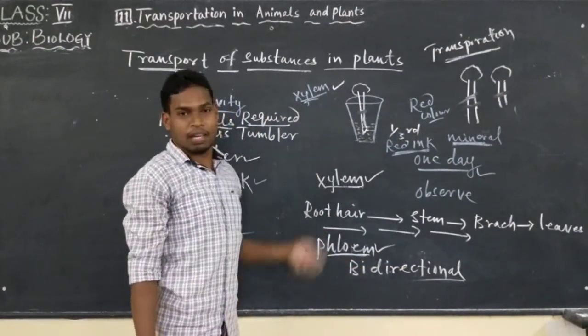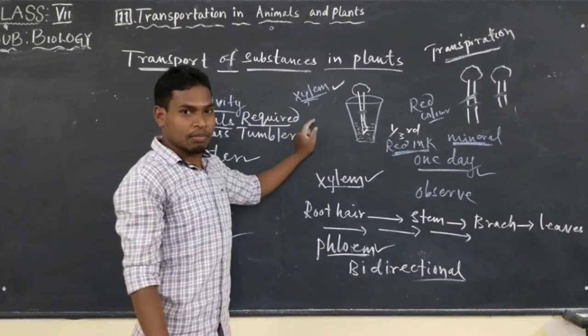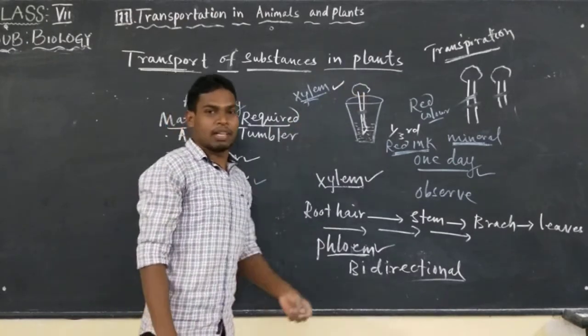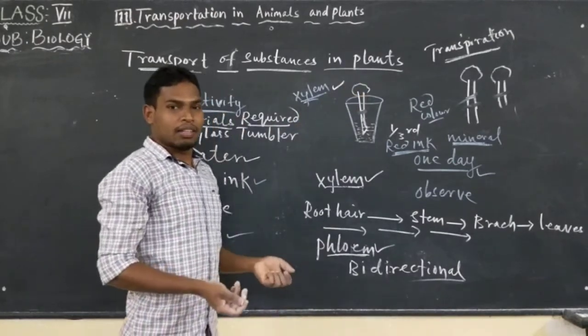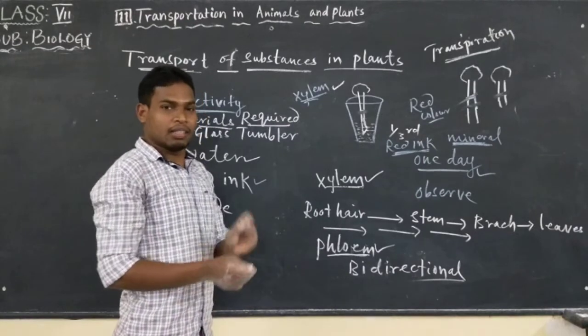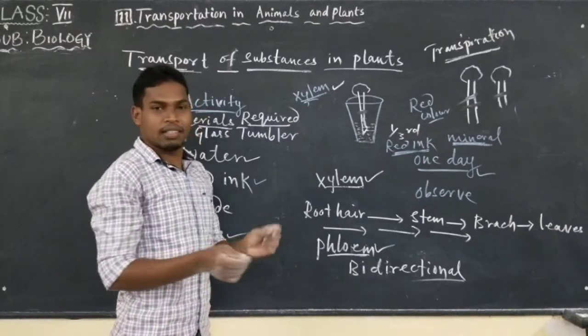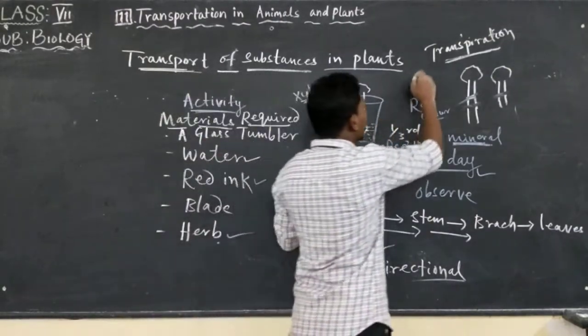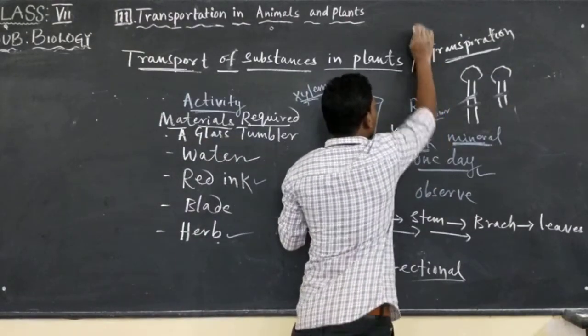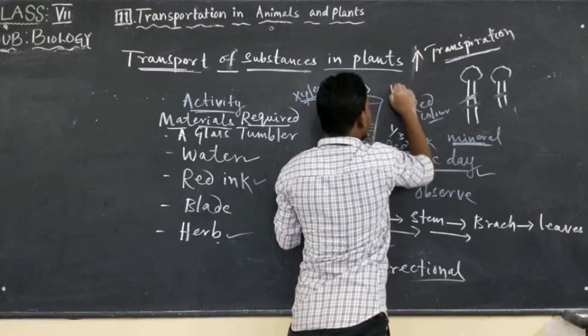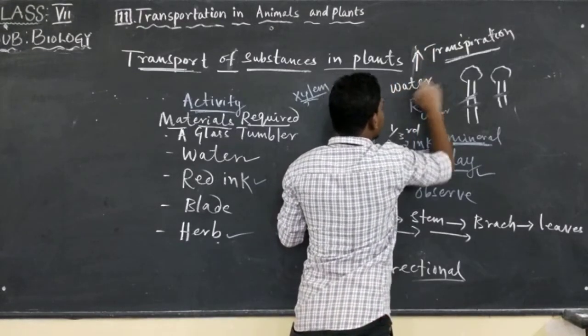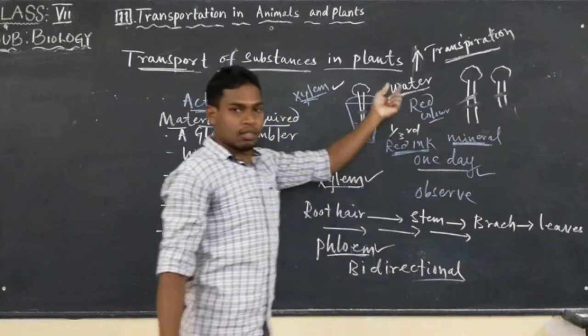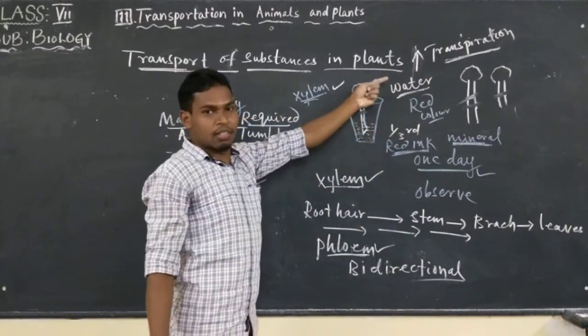Stomata are present on the surface of the leaves. These stomata are guarded by two guard cells. These guard cells open and close the stomata, during which a massive amount of water is released through the stomata.